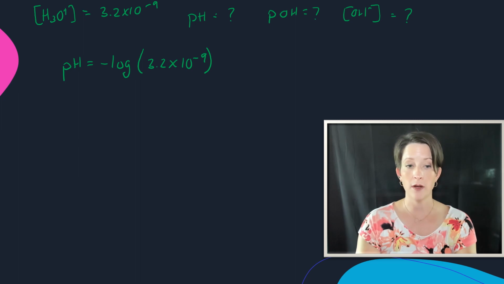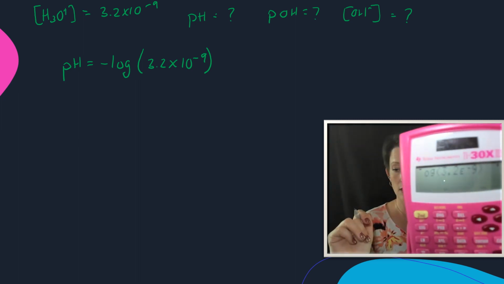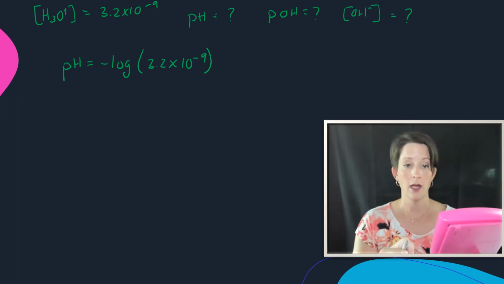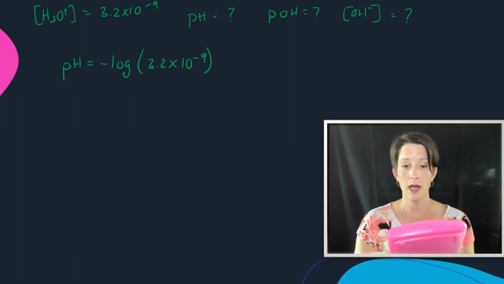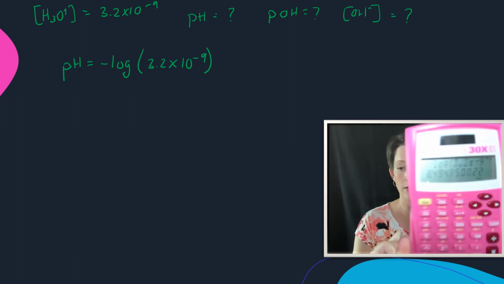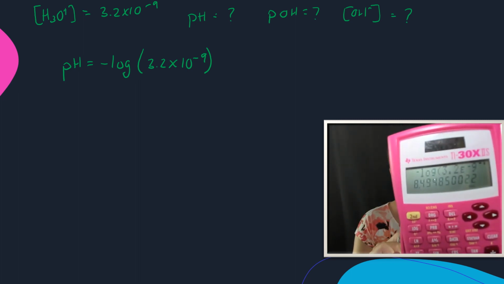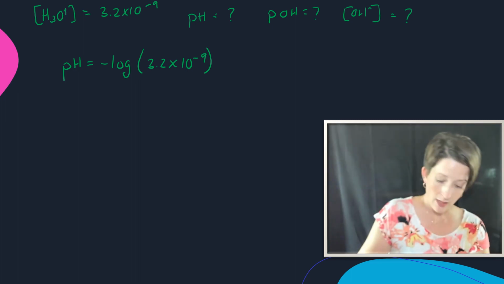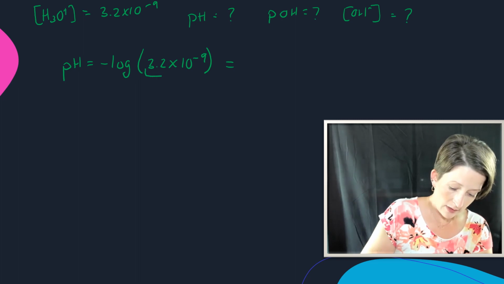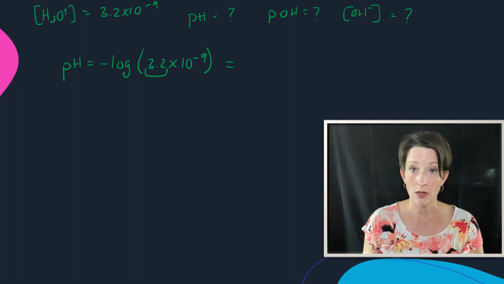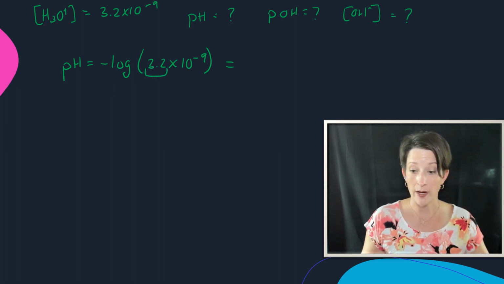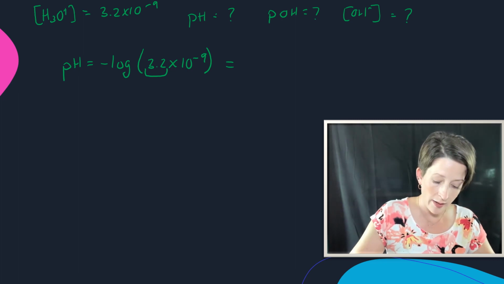Use the E function for your scientific notation so that it goes in correctly. You're going to hit enter, and that's going to give you your value. And it's going to give you more than we ever need, right? So we have to watch our sig figs. Because there are 2 sig figs in our concentration, there are going to be 2 decimal places occupied within our pH. So we're going to get 8.49.